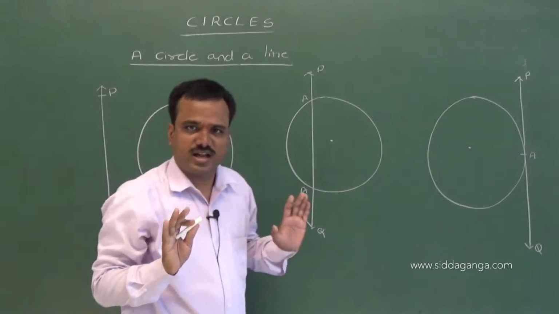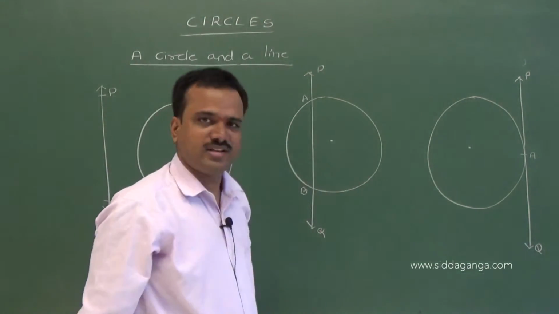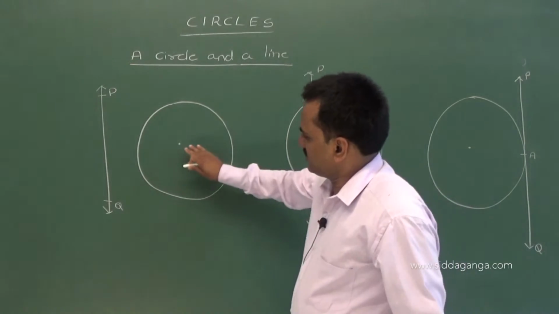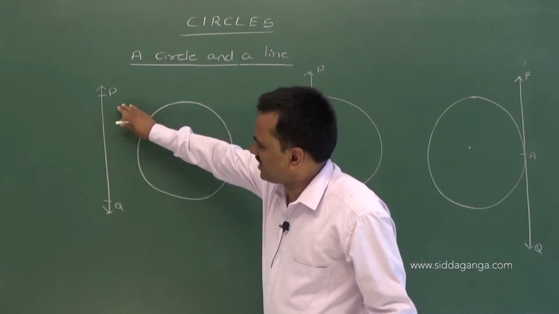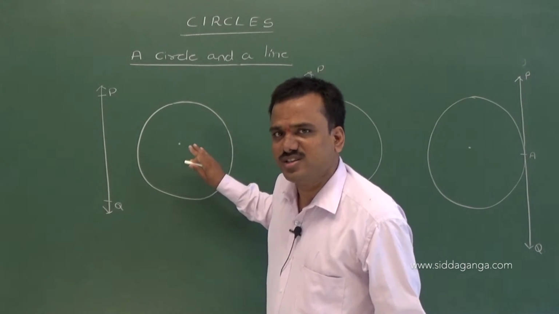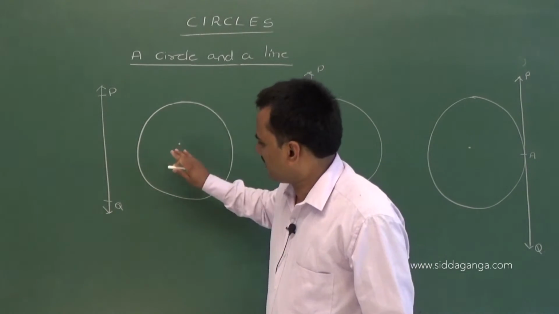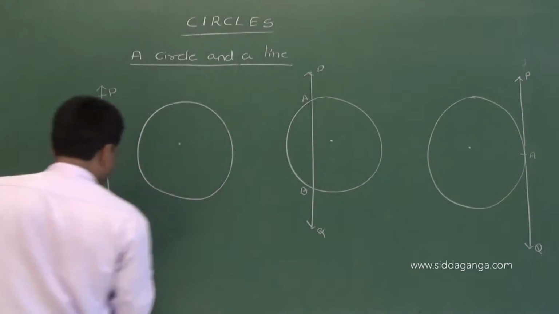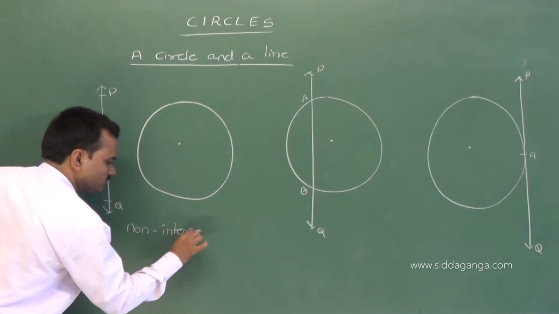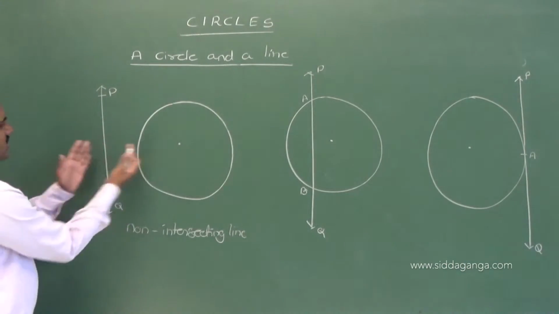Observe these 3 diagrams carefully. Circle and a line, circle and a line, circle and a line. One by one we explain. Observe here. The line PQ does not intersect this circle. Correct? That's why we call it a non-intersecting line, because it is away from the circle.